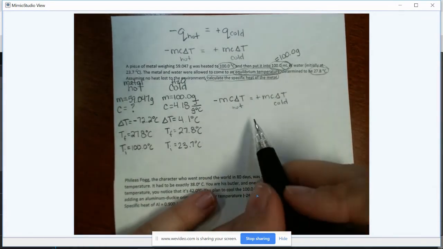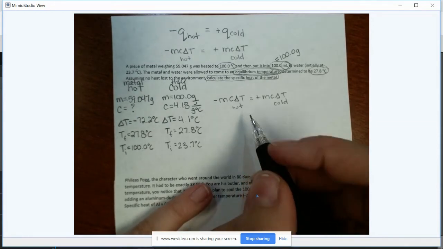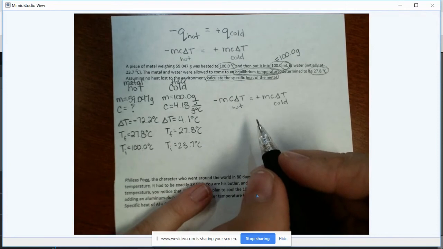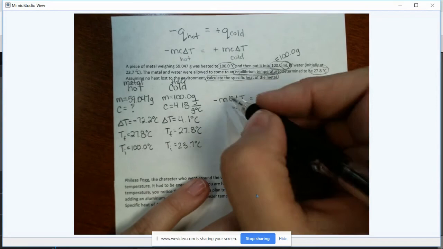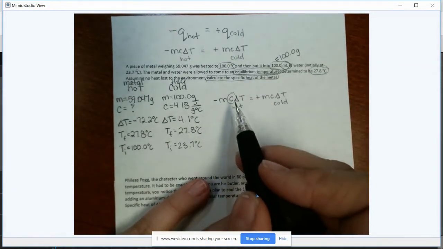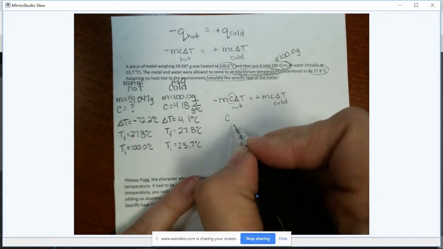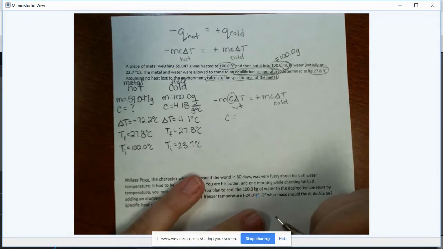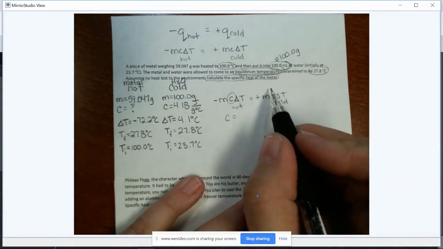I like to rearrange my letters first before plugging numbers in. I think it's neater and it takes less time to write everything out. So this is the thing I'm solving for. I'm trying to find the specific heat of my hot metal. So I need my equation to say C of my hot stuff equals everything else. I don't need to move anything around over here.